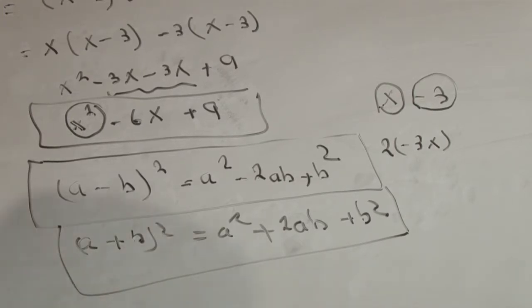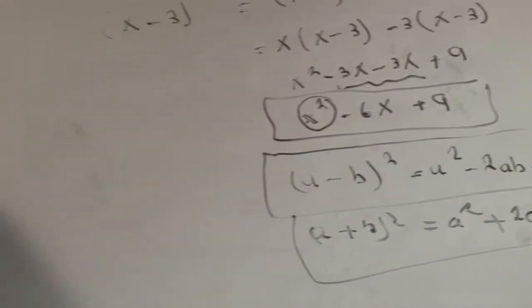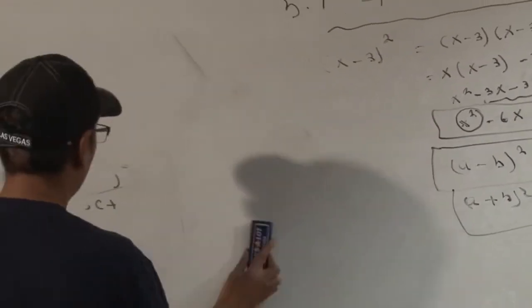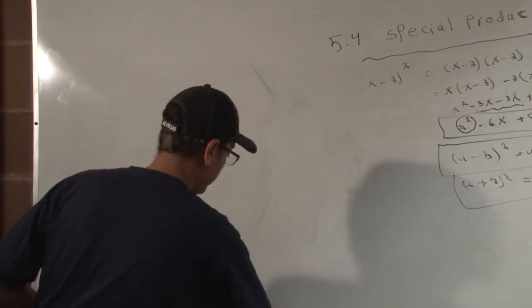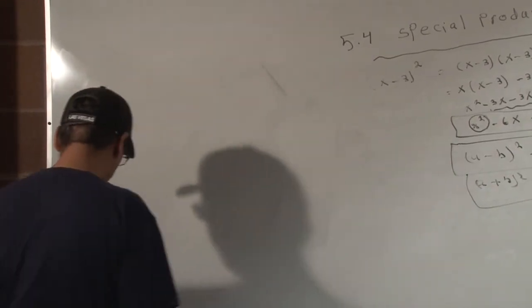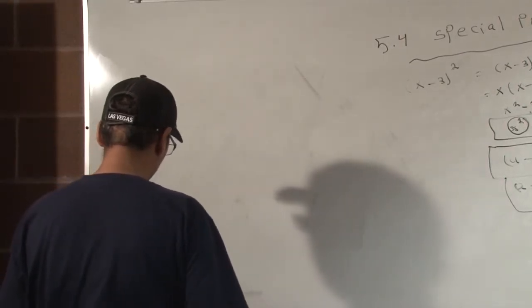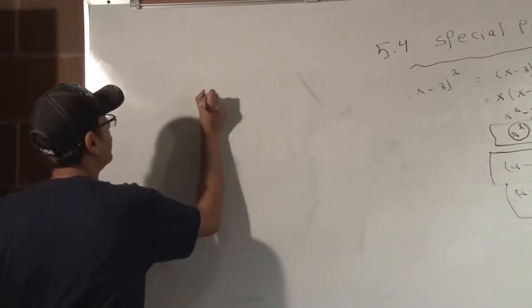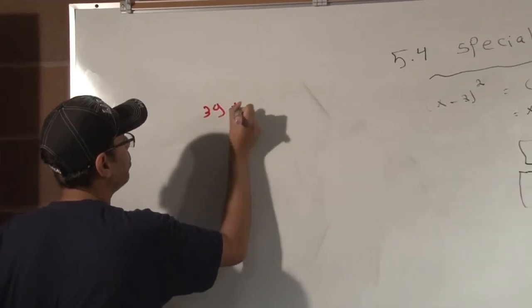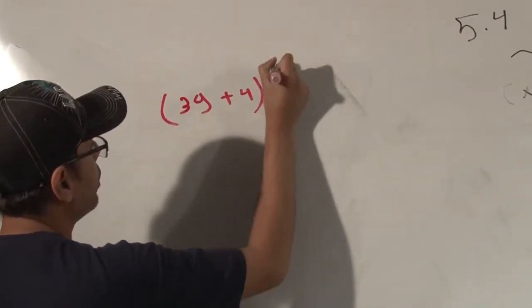So let's go through many examples for squares. 3y plus 4 squared.